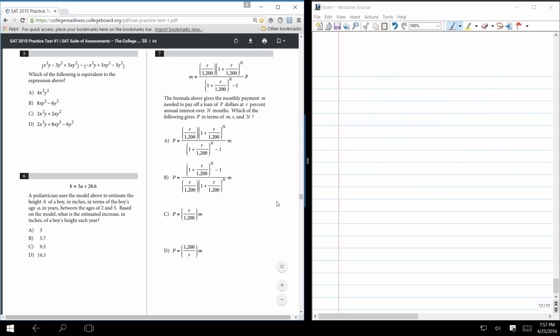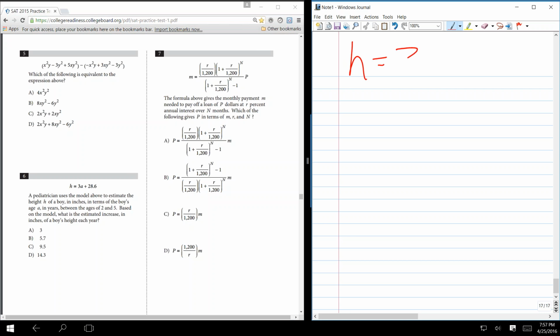Now, let's look at number 6. I have an equation that the height of anybody can be given by this formula. The height is in inches, A is ages, between the age of 2 and 5. So what's the estimated increase in a boy's height each year?